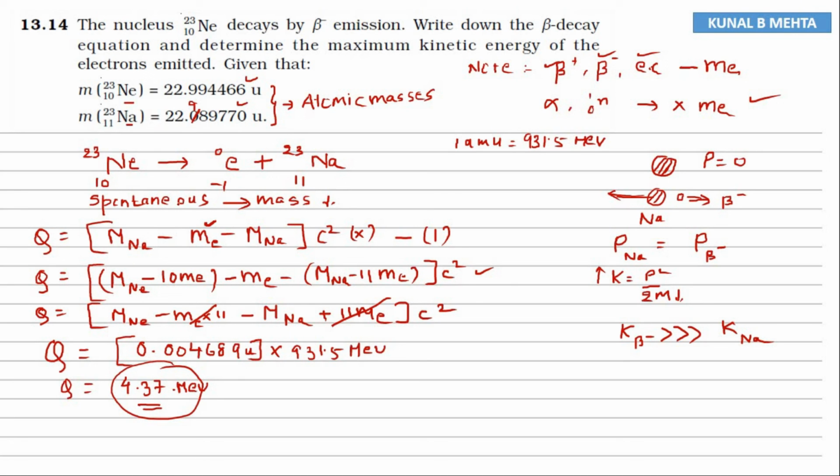The Q value, which is the energy released due to the decrease in mass, is divided between these two, but not 50-50. Almost all energy is received by the beta particle and very negligible energy is received by the sodium nucleus. So we can say that the Q value itself is almost the complete energy received by the beta particle, and almost zero energy goes to the sodium nucleus, which is the answer to our problem.